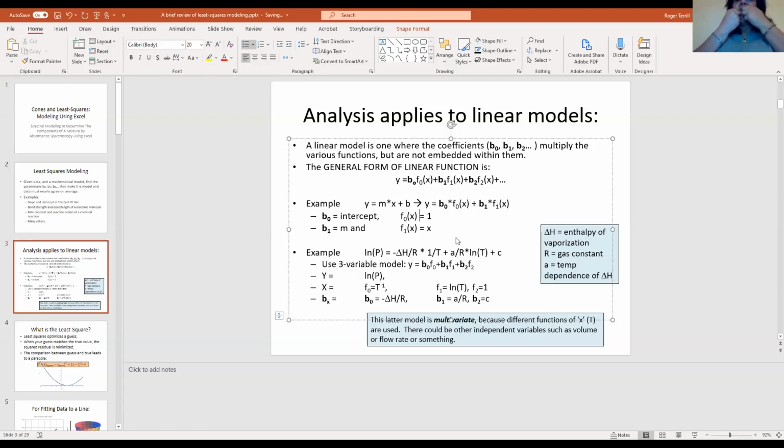It's always 1. So if your f0 function is 1, b0 will be the intercept, a constant. And if f1 of x is just x, nothing modified, then b1 will be the slope.